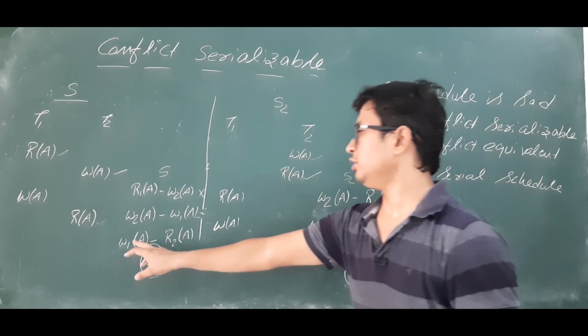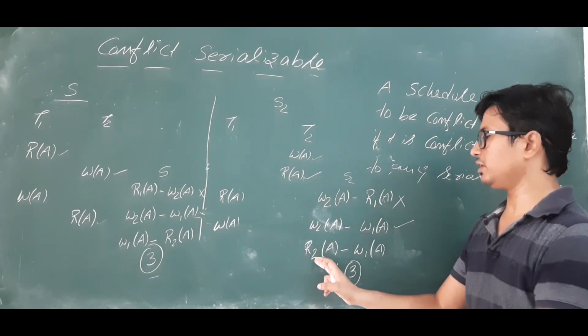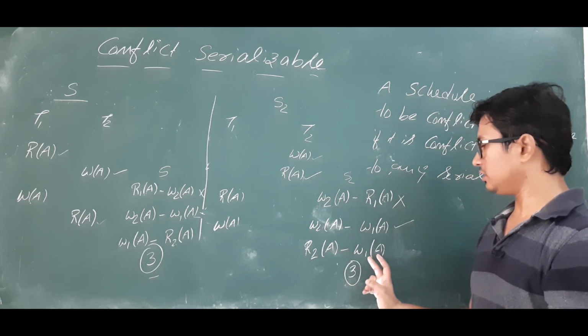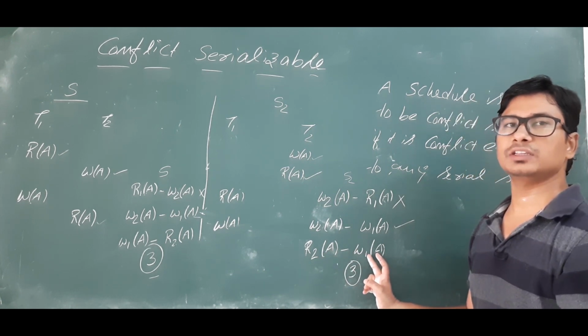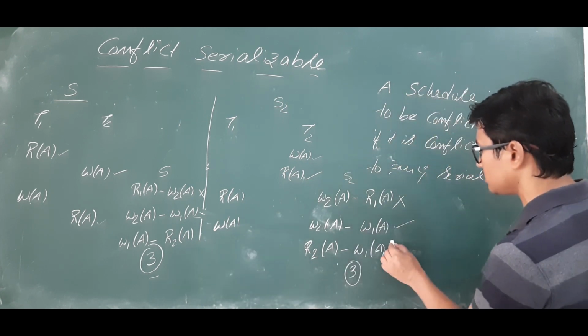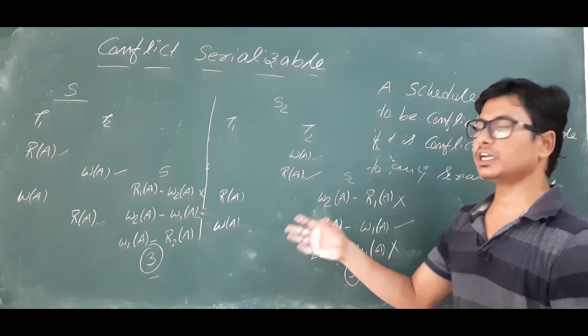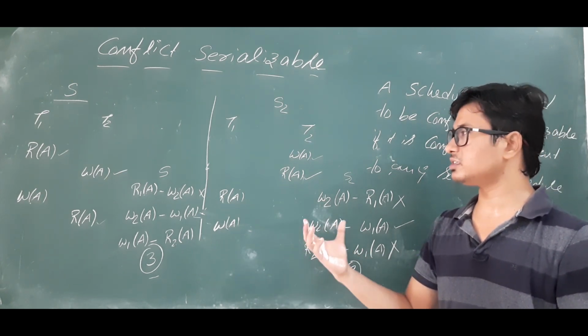Okay. W1 of A, R2 of A. But here it says first you perform the read in transaction 2, then the write operation in transaction 1. So these 2 conflict operations' orders are not the same. So the second condition is not satisfied. What is the second condition?